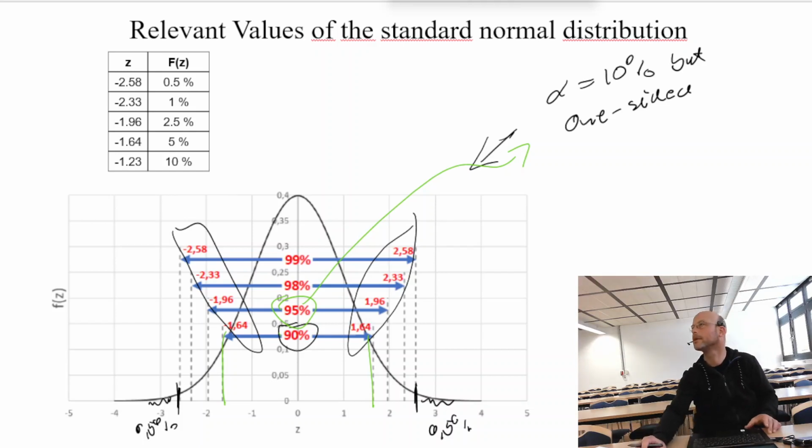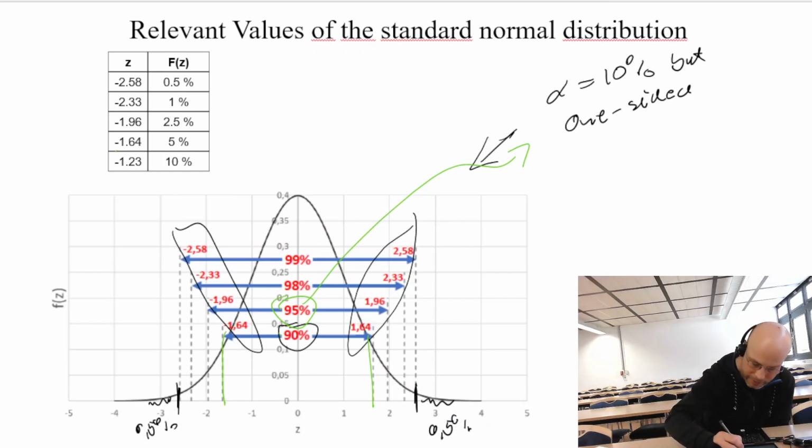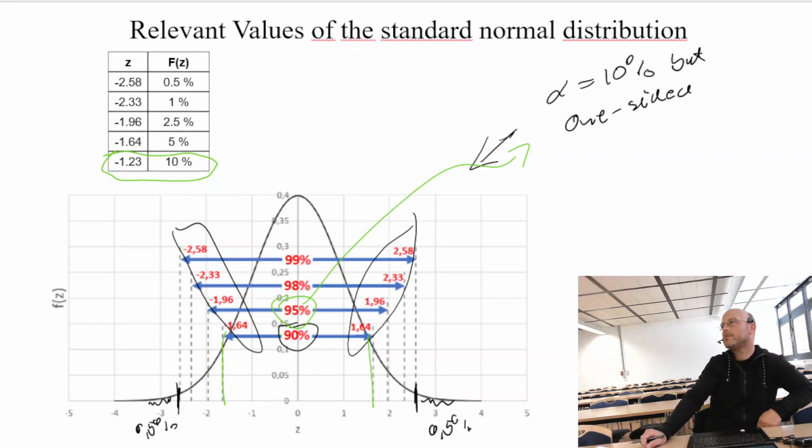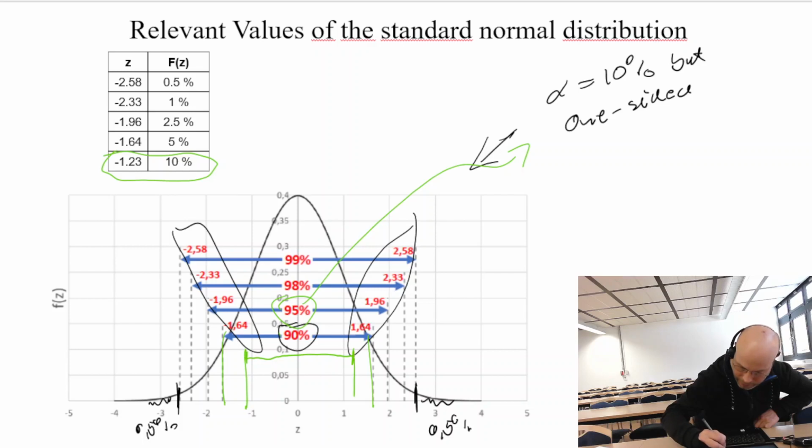Then I need this number here, 1.23. So we have to take another one in here, because then I know that this area here is 10%.